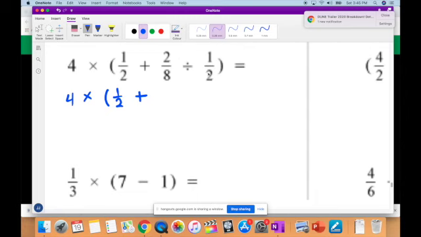And remember, this is what I was thinking. Even if this was a minus, you could still put brackets and think about this like 1 unit, because multiplication and division will actually make this 1 unit.